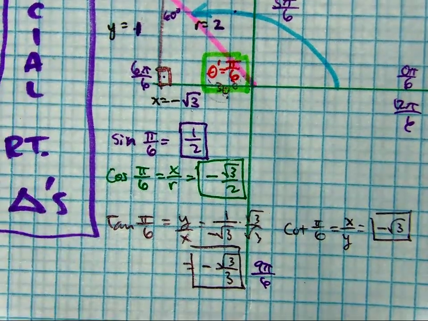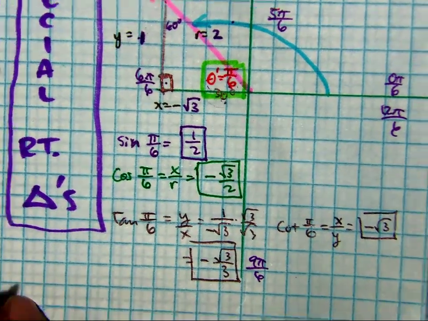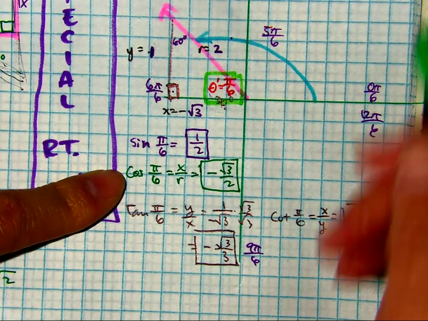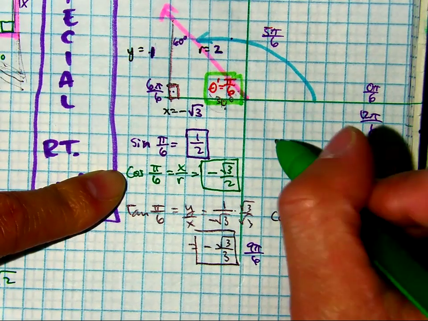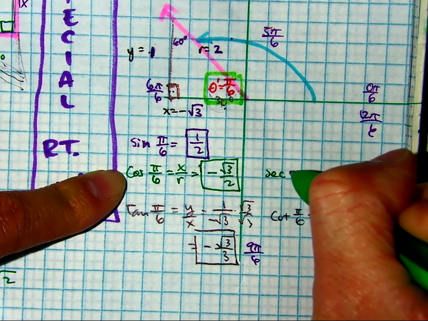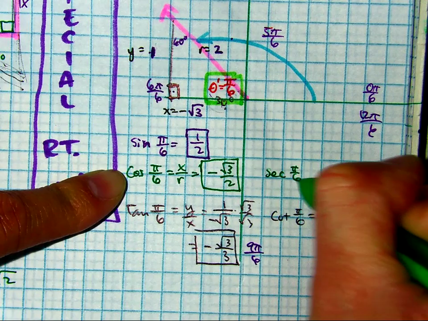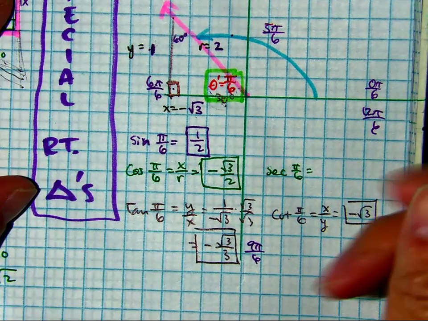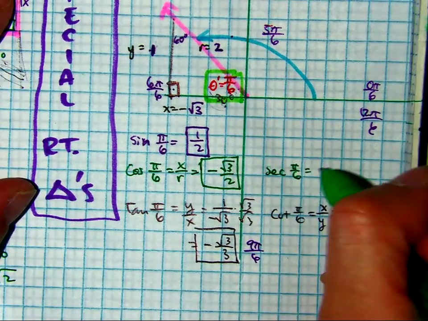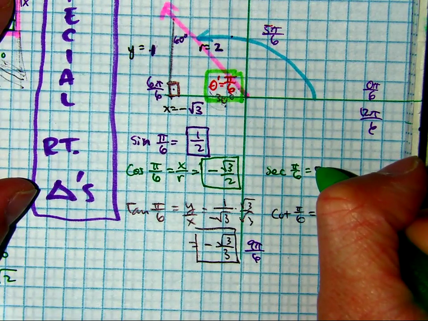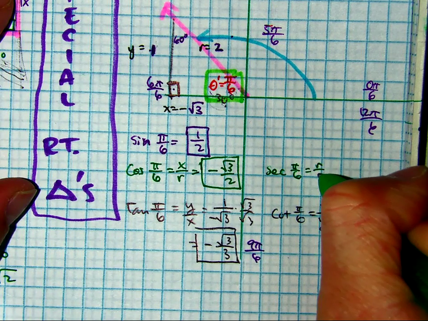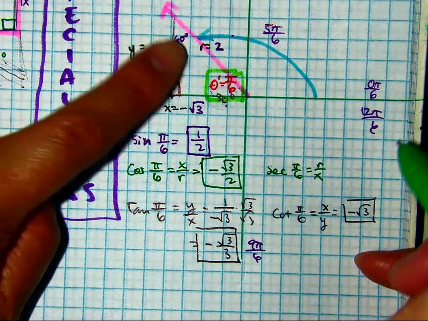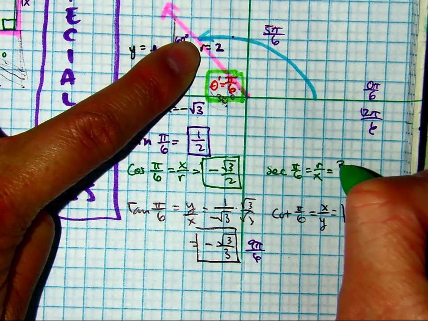And then, what's the reciprocal of cosine? Secant. And then secant is which letters? R over x. Okay, this is not going to be fun. So I have 2 over negative radical 3.